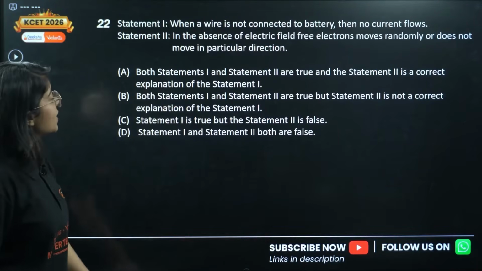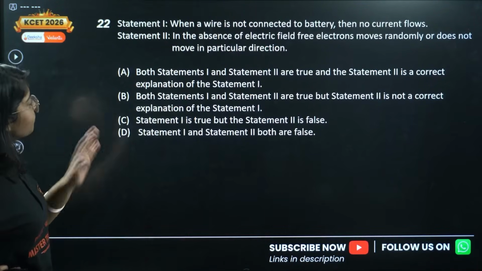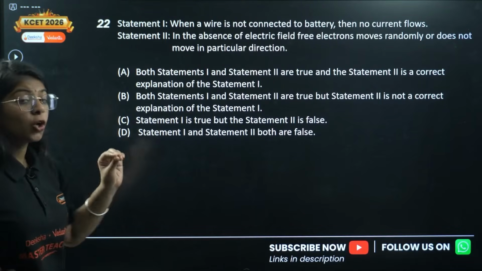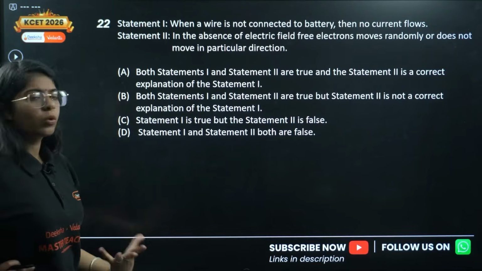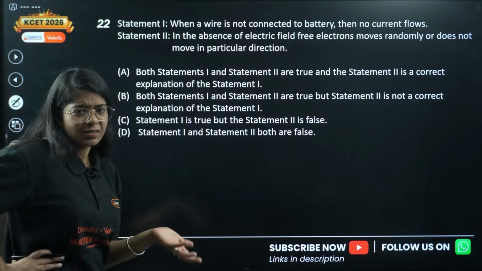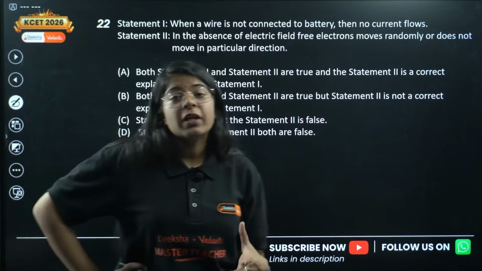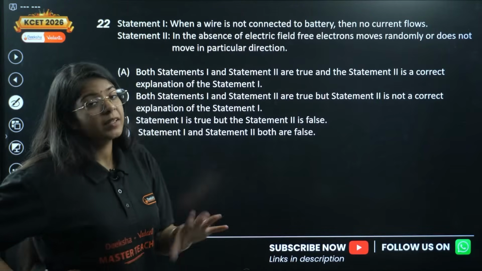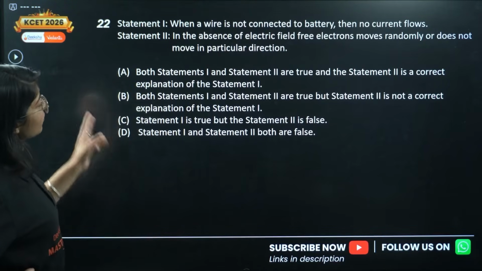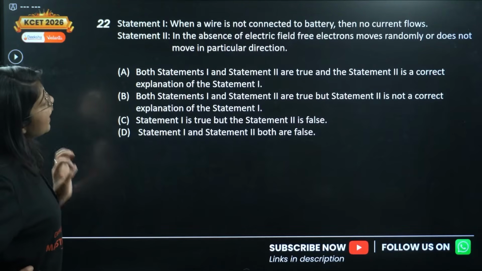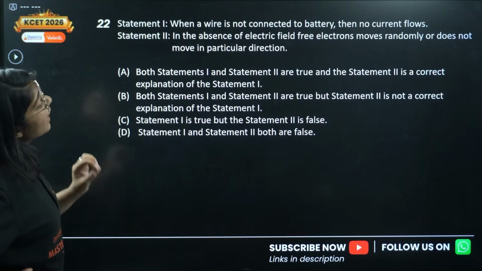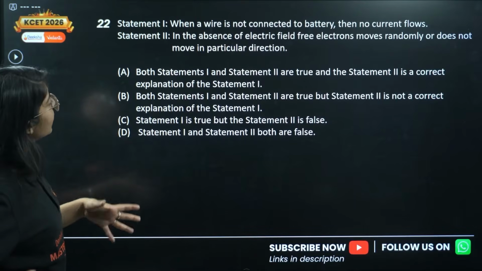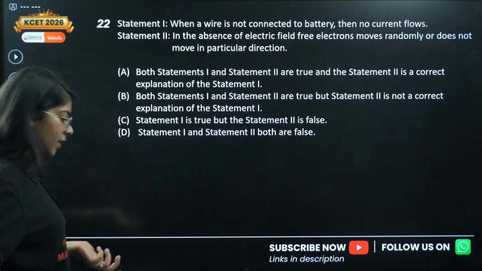Okay, 22nd question says, when a wire is not connected to a battery, then no current flows. Makes sense. Current flows due to the electric field, and the electric field is generated with the help of a battery. If there is no battery, there is no current. Statement 2 says, in the absence of electric field, free electrons move randomly or do not move in a particular direction.